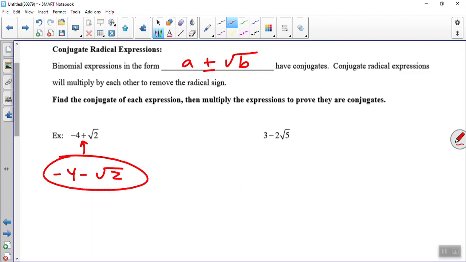So what's the conjugate of the next one? You have 3 minus 2 root 5. So the conjugate is 3 plus 2 root 5. All you do is change the second sign.